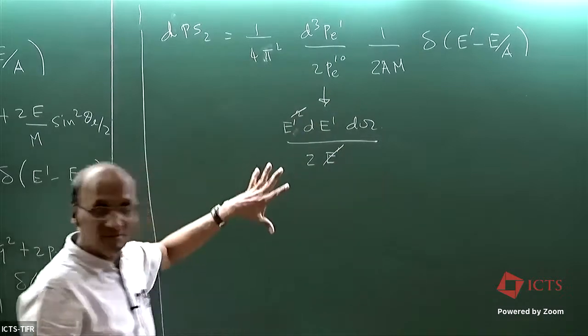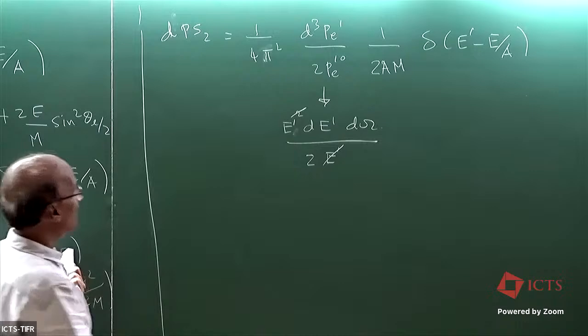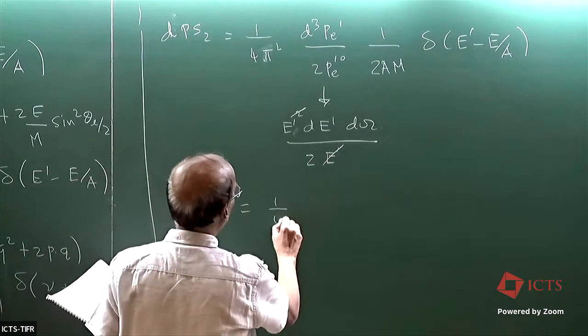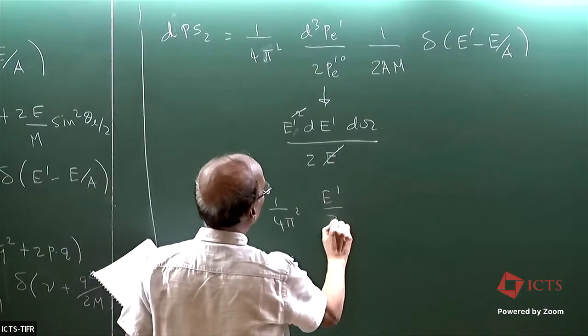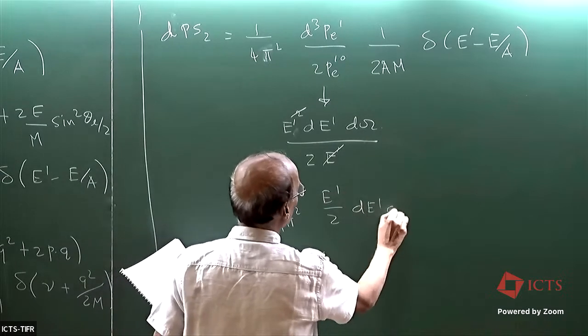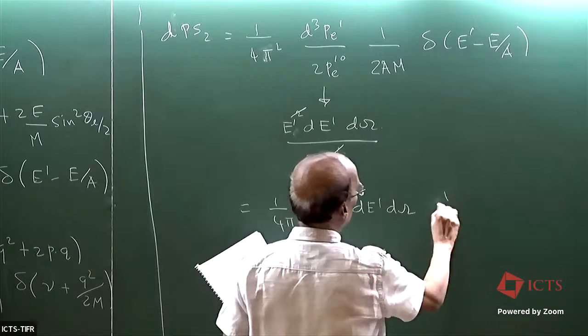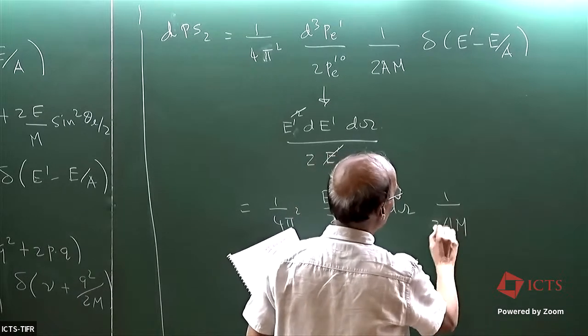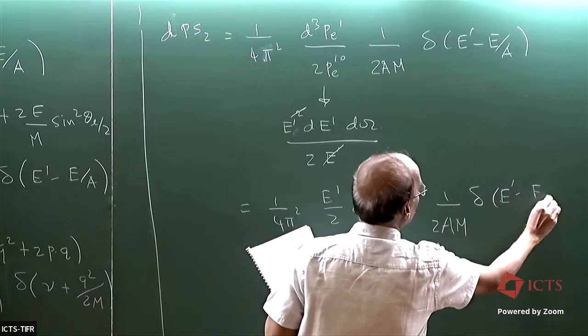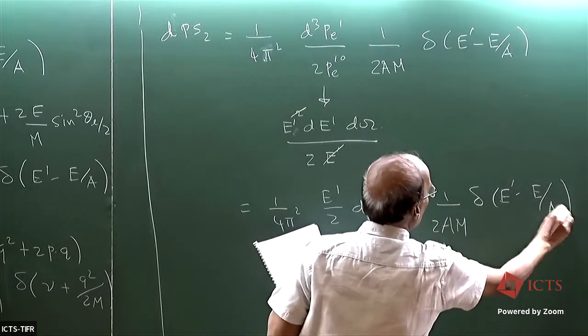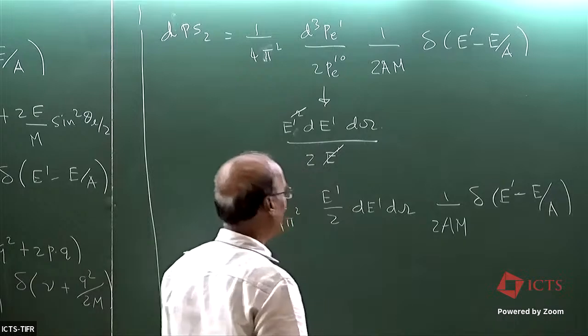So you get a very simple looking phase space for this particular process: E prime by 2 dE prime d omega, 1 by 2m times delta (E prime minus E by A). A contains the angular dependency.